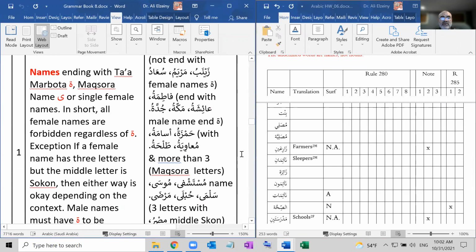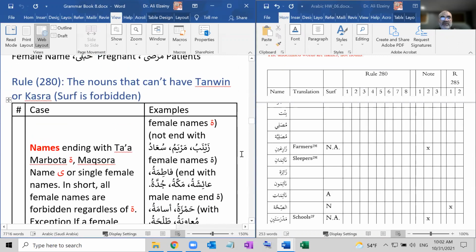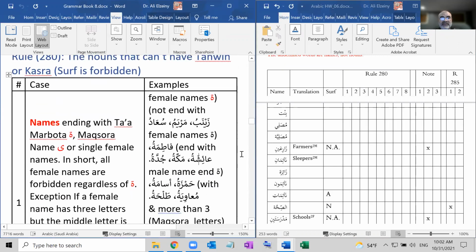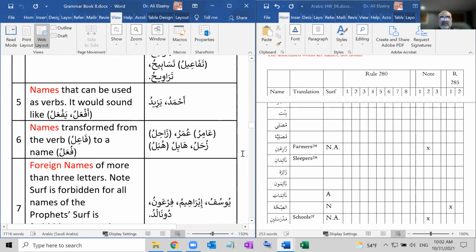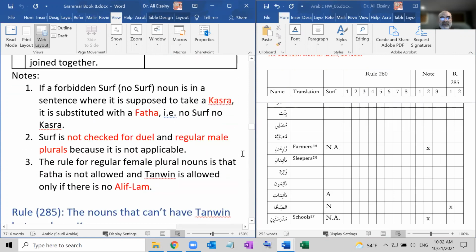This whole rule, the table of rule 280, doesn't apply to dual. Note number 2 says sarf is not checked for dual and regular male plurals.